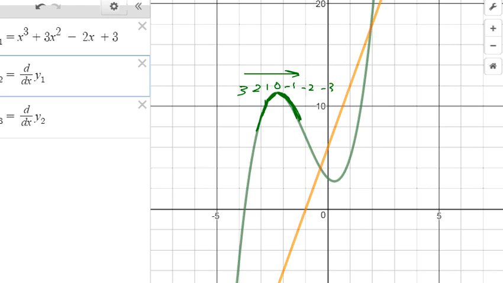If we have a look at the minimum turning point, again we know that the gradient right at that turning point is 0. To the left of it, the gradient was negative, and then increasingly negative, -2, at another point -3, and to the right of the turning point, the gradient starts to become positive and larger. So as x is increasing here, you'll notice that the values of the gradient are increasing, they're becoming more positive.